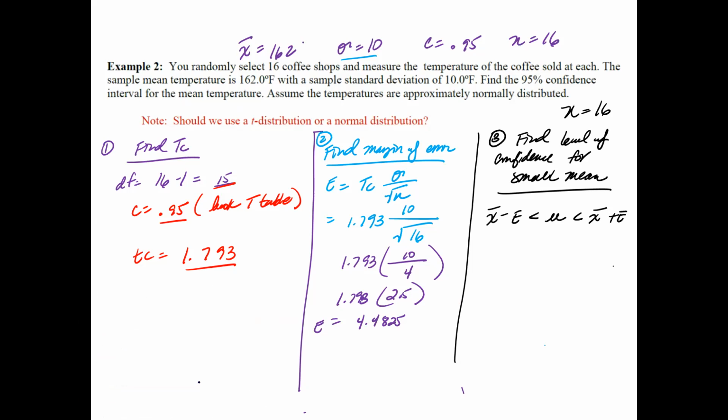Your x bar, which is your mean, is 162 minus E. E you just found is about 4.38, I'm just going to round it. Is less than mu, which is less than 162 plus 4.38. Go ahead and add those together, and that's going to give you the confidence interval for a small mean.